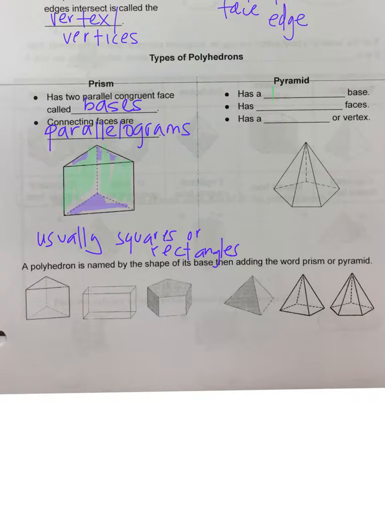Pyramids have a polygon base. It has triangle faces. And it has a point or a vertex. Right there is our point.